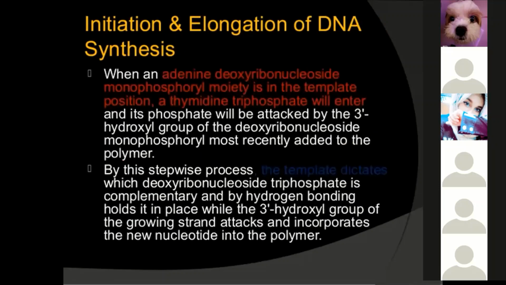By the stepwise process, the template dictates which deoxyribonucleotide triphosphate is complementary, and by hydrogen bonding it holds it in place while the 3-hydroxyl group of the growing strand attacks and incorporates the new nucleotide into the chain. So it is always the 3' hydroxyl group of the growing strand which attacks, and that's why it always moves in the 3' direction.